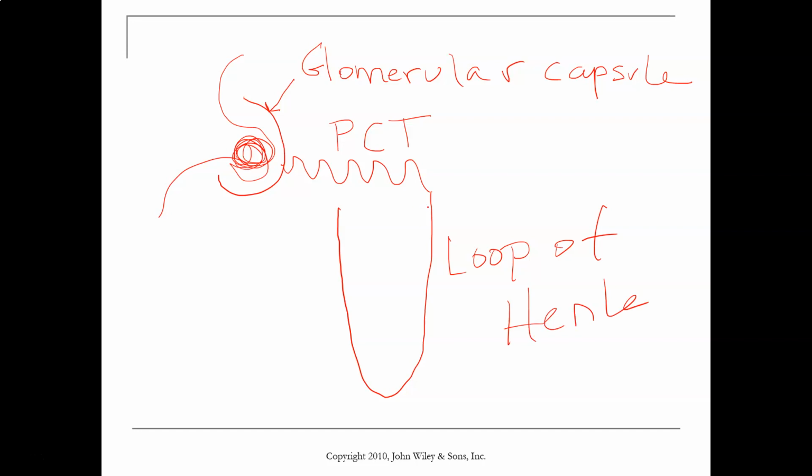And they do distinguish between the descending limb and the ascending limb, because what gets filtered out of your blood starts in this glomerular capsule, and then it starts flowing through the kidney tubule, next to the proximal convoluted tubule, down the descending loop of Henle, up the ascending loop of Henle on the other side. Then there's another convoluted segment called the distal convoluted tubule, and then that leads into what's called the collecting duct.